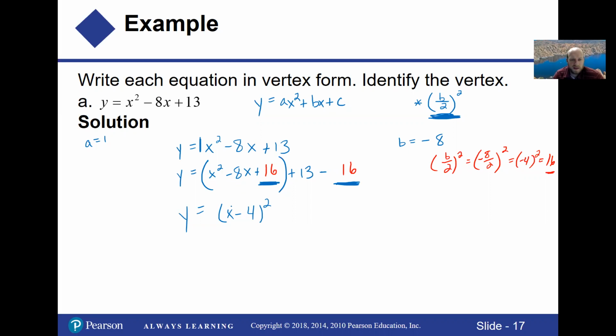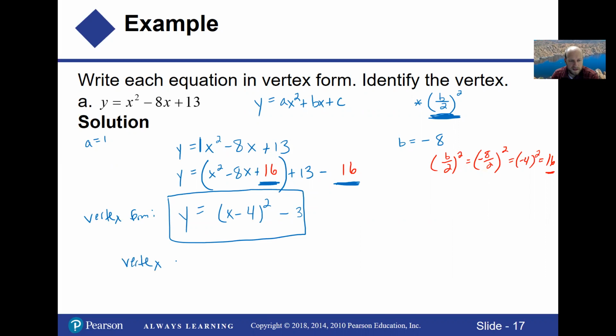We took the square root of x squared, which is x, and the square root of 16, which is 4, and this sign has to be a minus in order to achieve this. Then we have 13 minus 16, which is minus 3. And look at that, we have achieved the vertex form of this parabola: y equals x minus 4 squared minus 3.